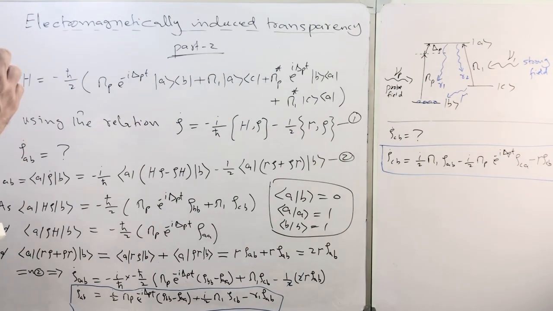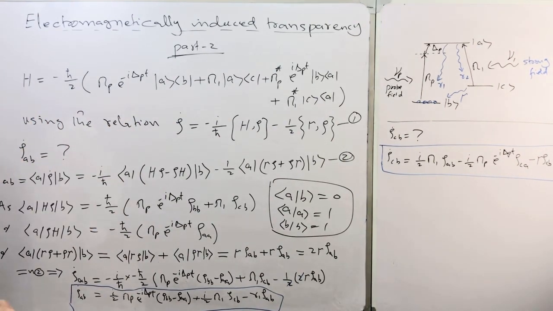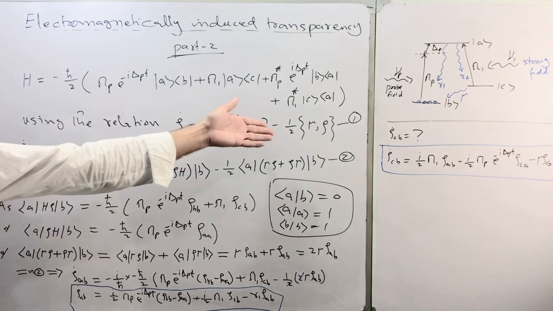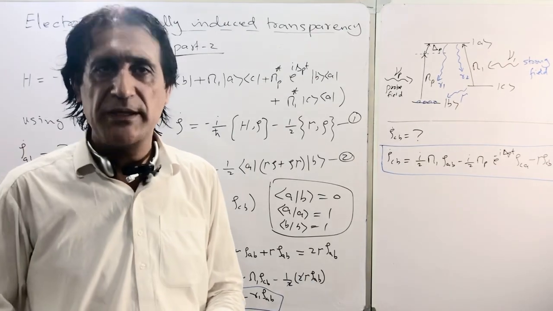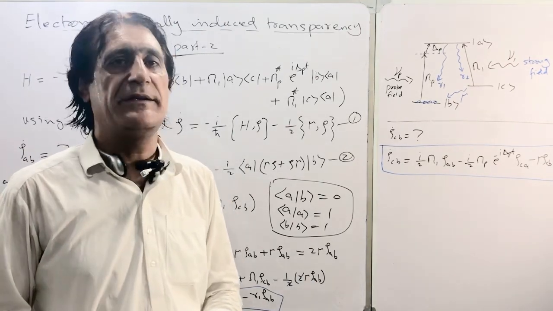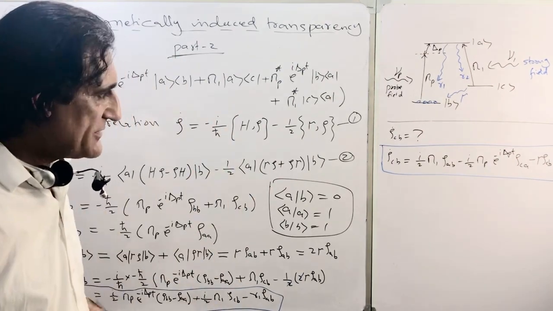So you can take the conjugate of these. You can make four equations from this, and rho AA, rho BB, rho CC you can find out. So try yourself and find out these equations.